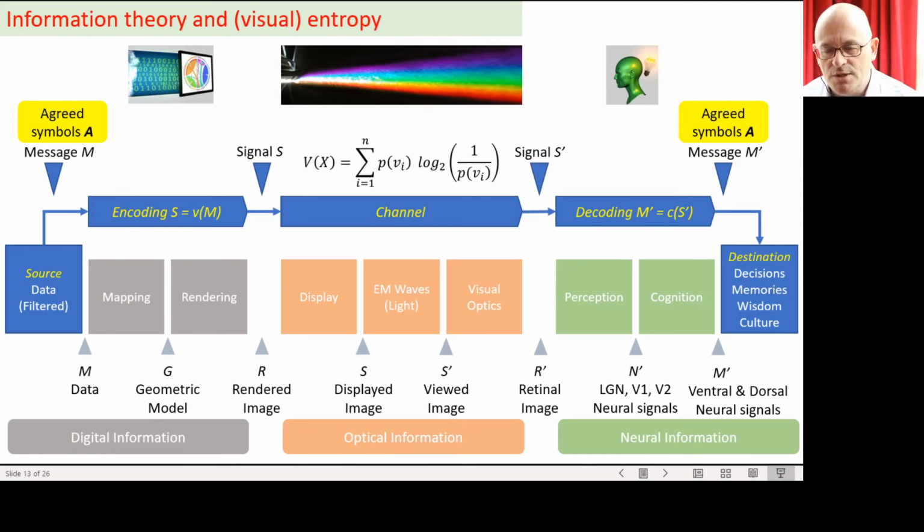In visualization terms, you can imagine this as starting with digital information, converted by the display into optical light waves, which are sent through space to the receiver, which is the eye and the retina, which converts that optical information into neural, electrochemical information in the brain, and from there leads to perception and cognition.